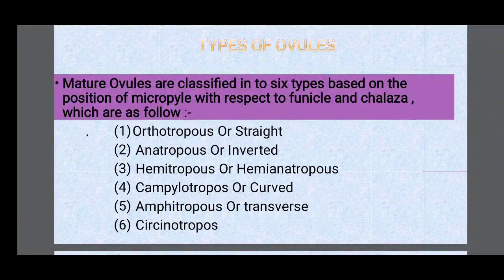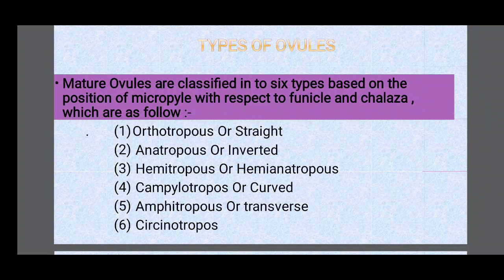Types of ovule. Mature ovules are classified into six types based on the position of the micropyle with respect to the funicle and chalaza. Based on these three aspects, the micropyle, funicle and chalaza, the ovule is classified into six types.